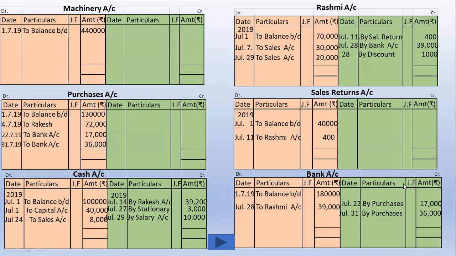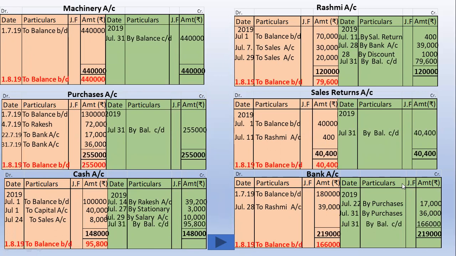Now, we move on to derive the debit and credit balances of all ledger accounts for preparing the trial balance. The figures in red color are debit figures only seen in this slide.